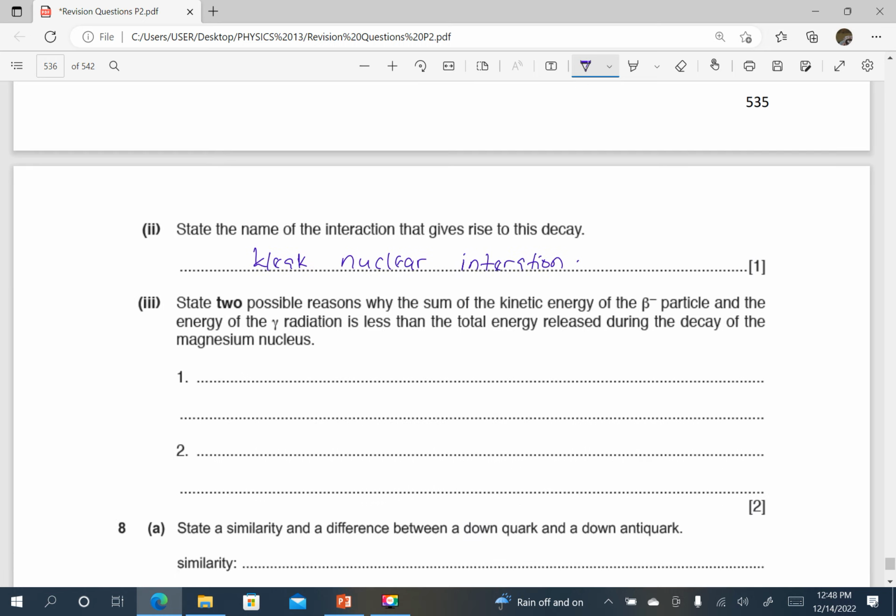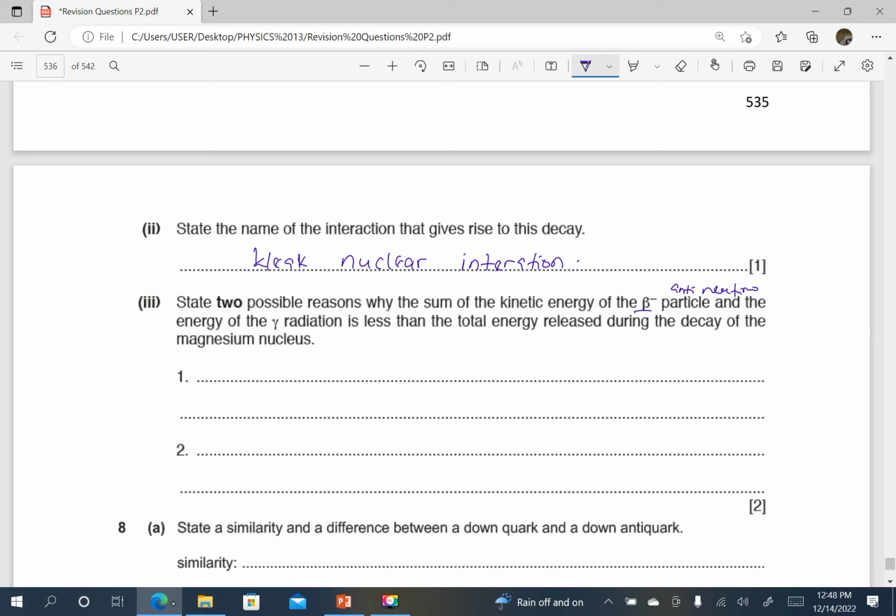State two possible reasons why the sum of kinetic energy of beta minus and energy of the gamma radiation is less than the total energy released during the decay of the magnesium nucleus. We know that beta minus is going to be accompanied by an antineutrino, which will also have energy. That's number one.